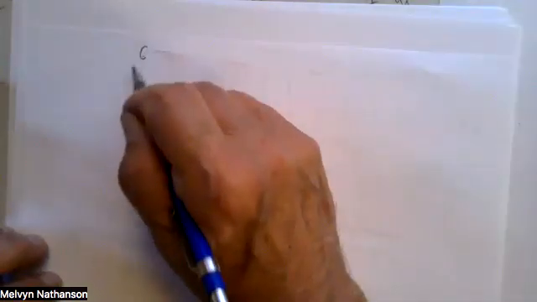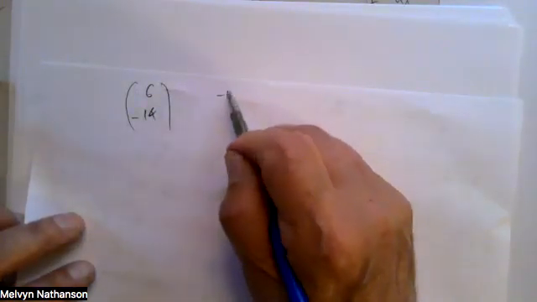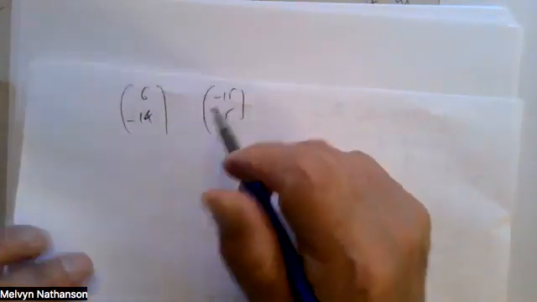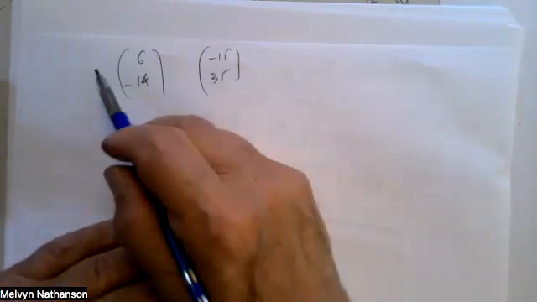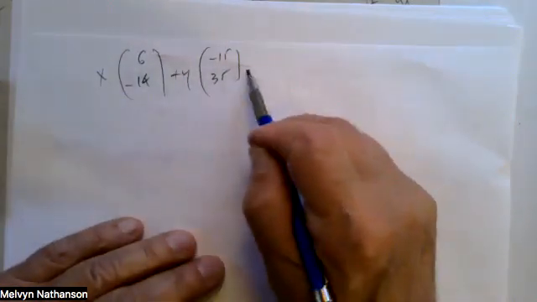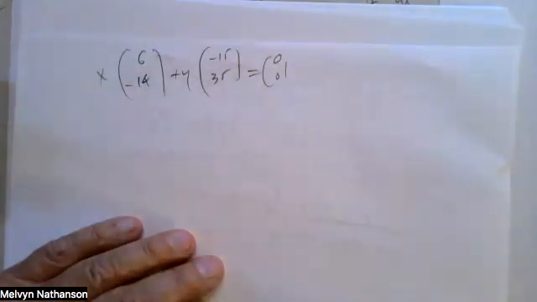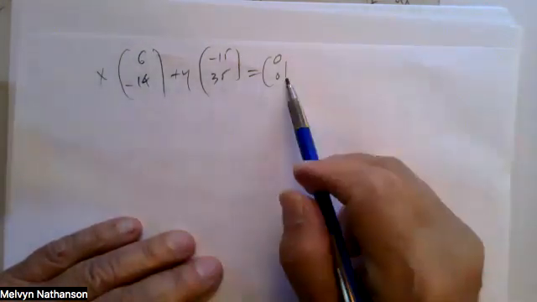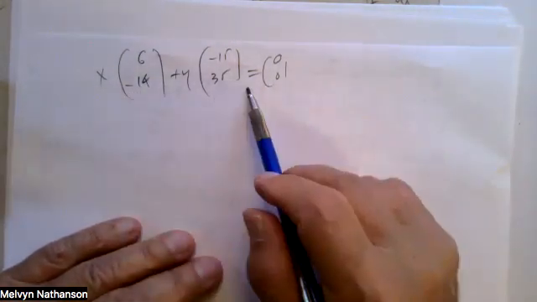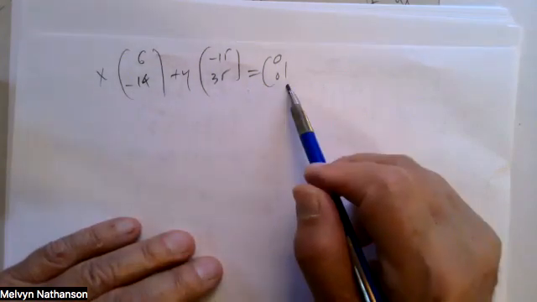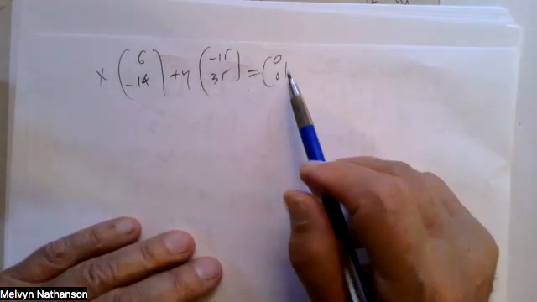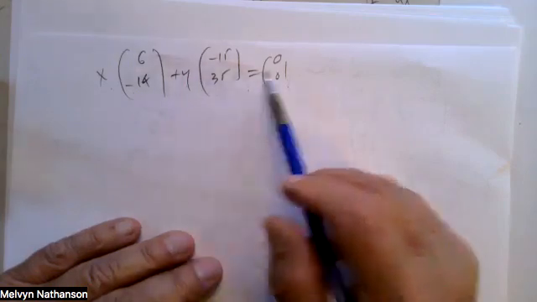We have the two vectors, let's see, (6, minus 14) and (minus 15, 35). And the question is, what linear combinations of these vectors give 0, right? Can I find x and y so that this vector equation gives the 0 vector? Of course, x equals 0 and y equals 0 will do that.